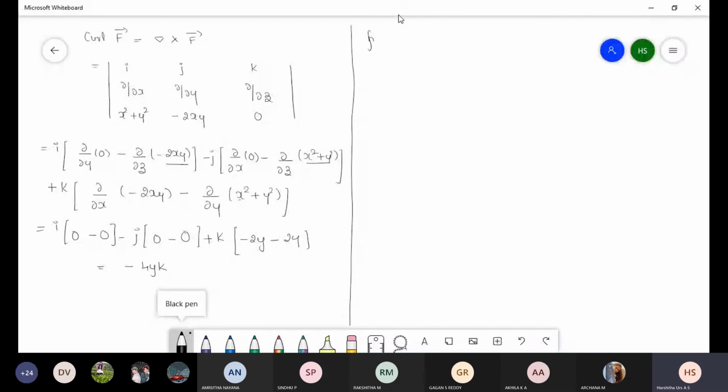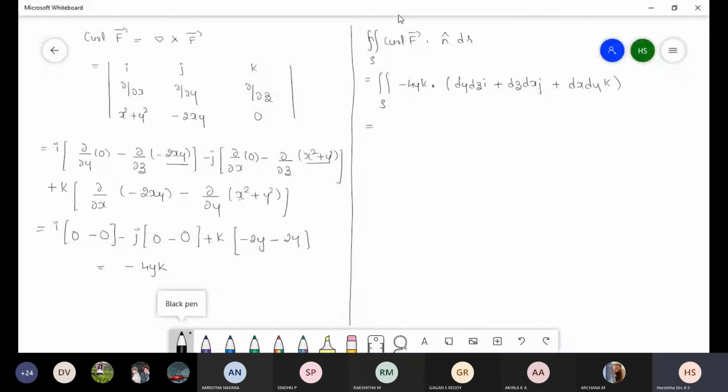Now apply the double integral. So curl vector F dot n cap ds is equal to minus 4y k dot n cap ds, which means dy dz i plus dz dx j plus dx dy k.